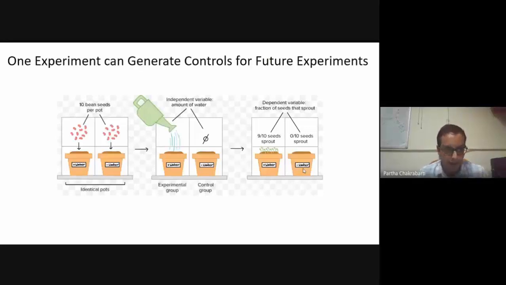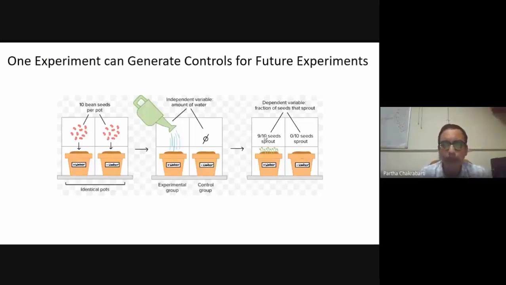So suppose you have two identical pots, you put some 10 bean seeds and you water them in one and you don't, and you see the plants coming out of this pot, 9 out of 10, whereas 0 out of 10, right?